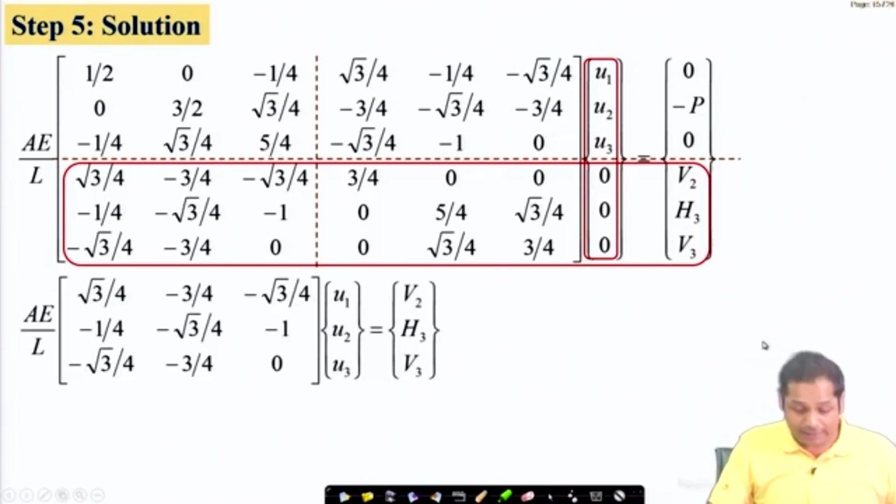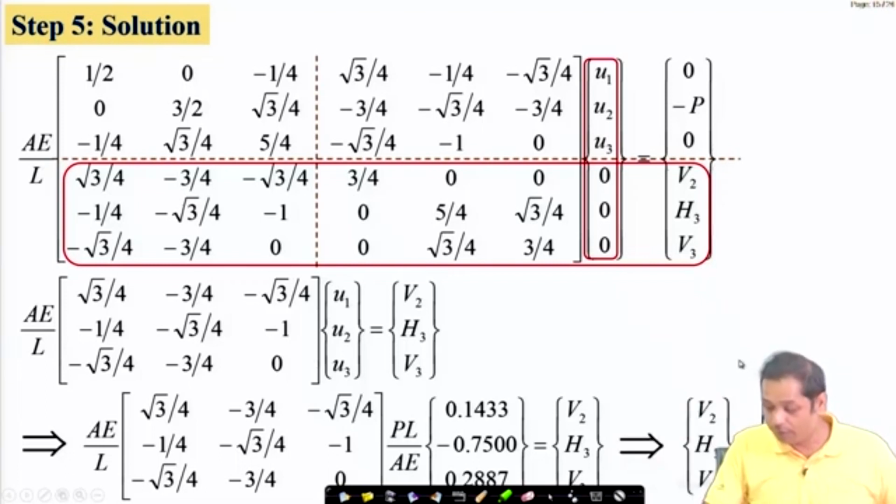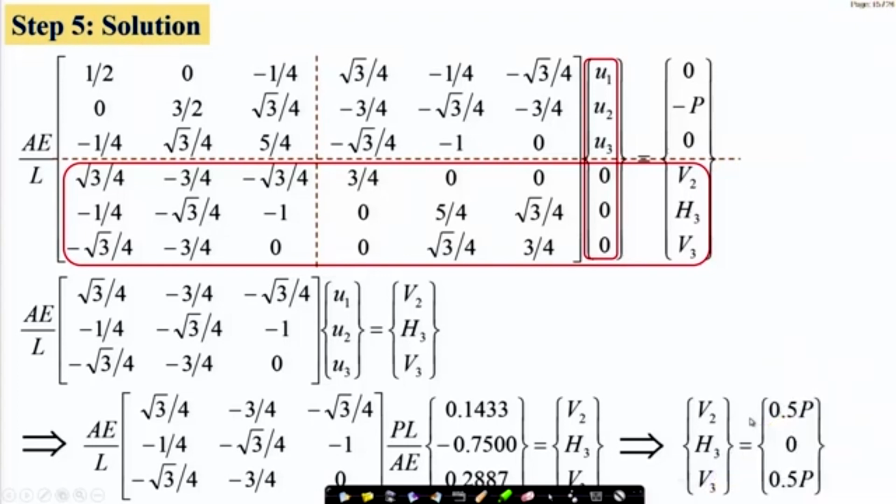The second equation becomes this. Already you have determined U1, U2, U3. If we substitute U1, U2, U3 here, this will give us the unknown forces. Reactions are like this. Now these are the unknown reactions. So we have determined the displacements, and we have determined the unknown reactions.